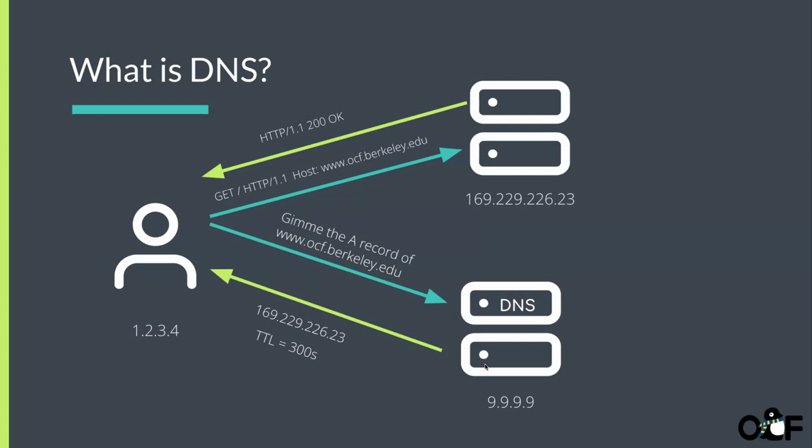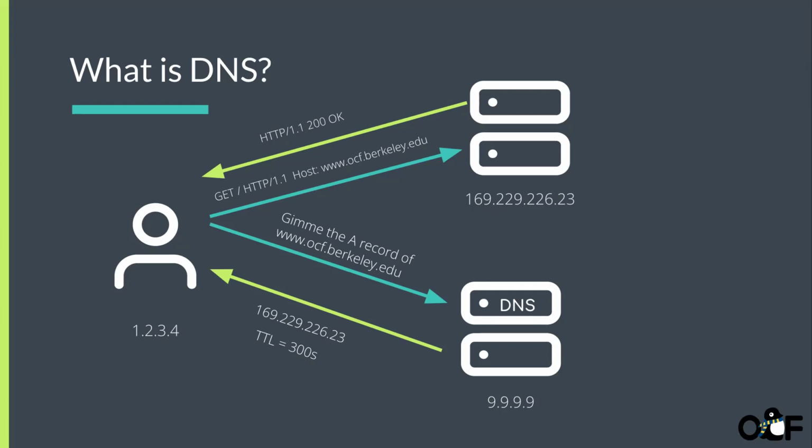I think we briefly talked about DNS at the end of last lecture, but basically we talked about how we can communicate with other computers through their IP addresses. So for example, we might have a server at 169.229.226.23, and this is an IP address.